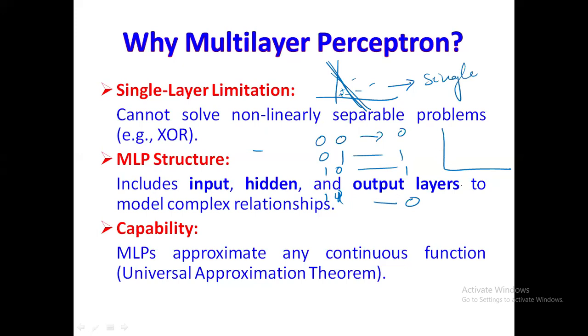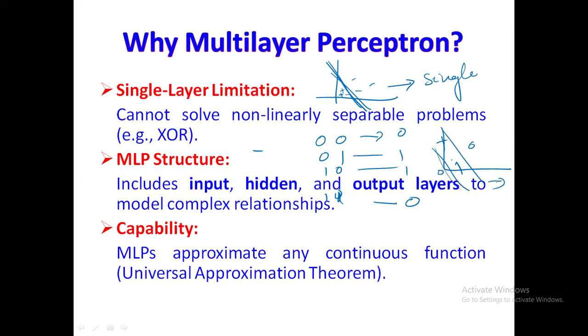If you mark it in the plane, here the zeros are separated from the ones with two planes. We are using more than one plane, and we are not able to classify the positive classes from the negative classes with a single plane. So in these types of cases, we have to go for the multi-layer perceptron.